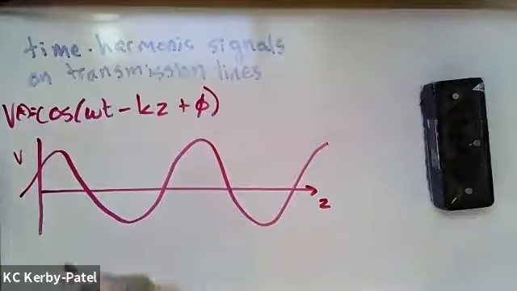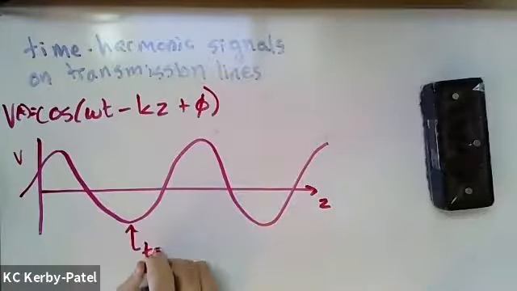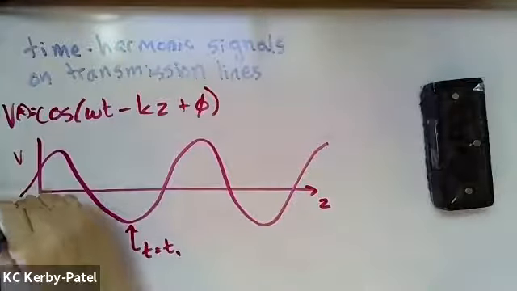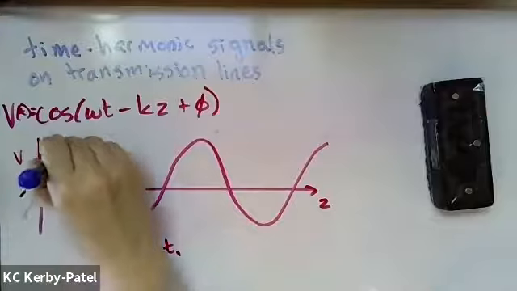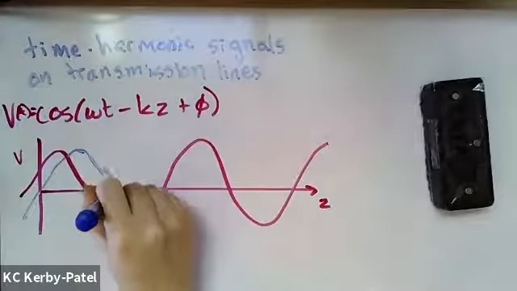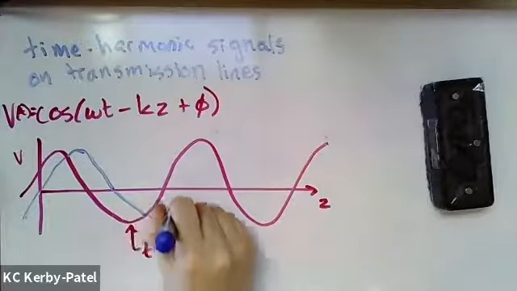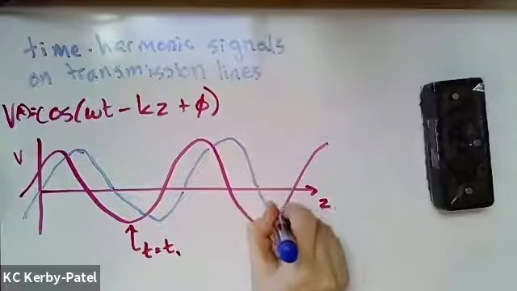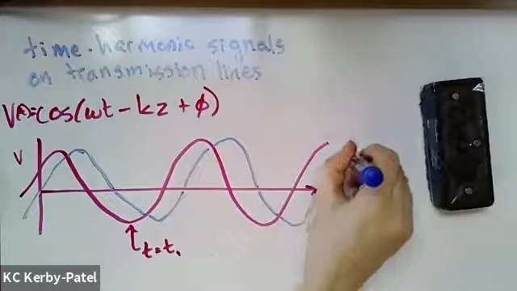At some time, t equals t1. But if I allow time to advance, then the wave stays the same shape but moves forward in z like this.